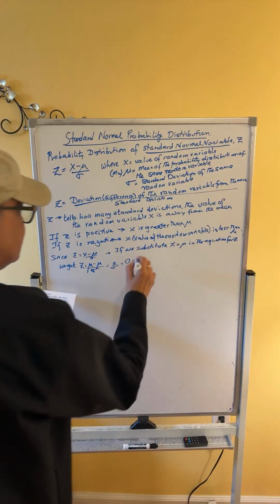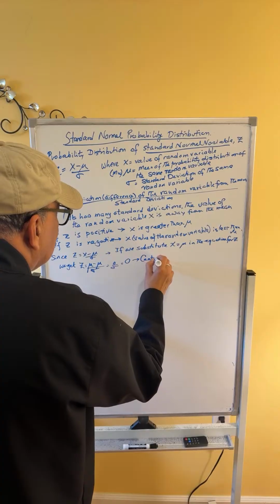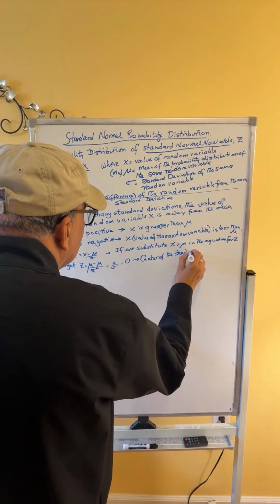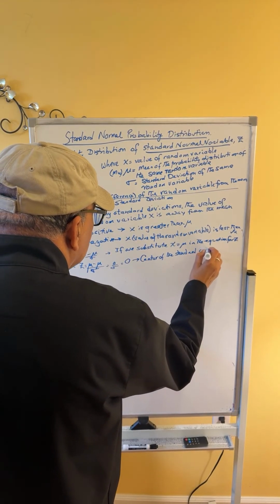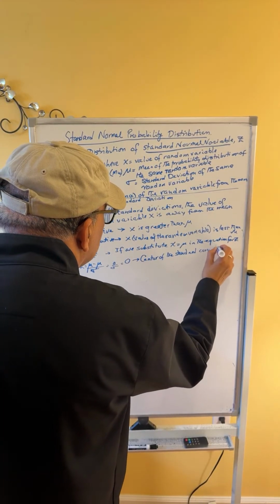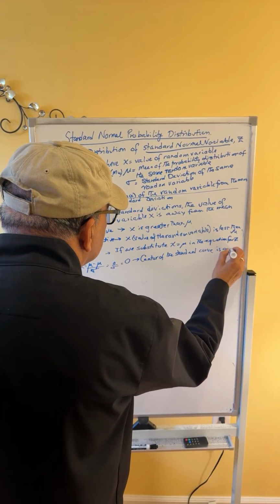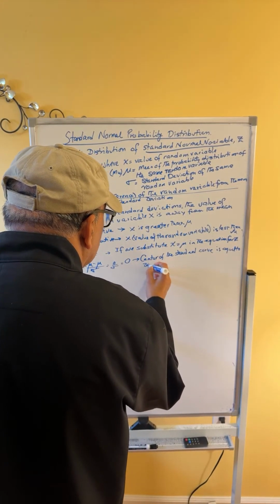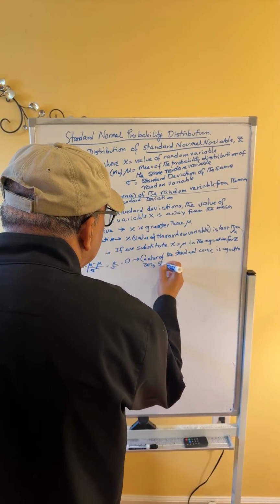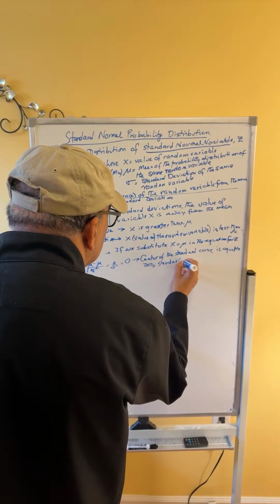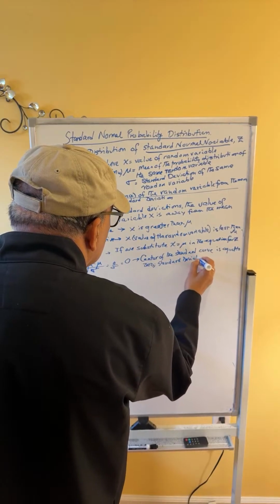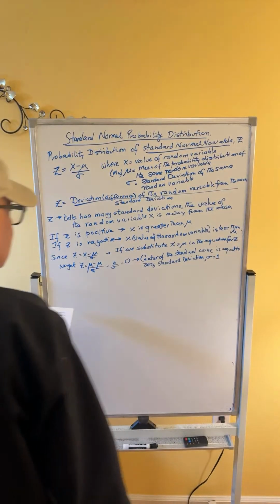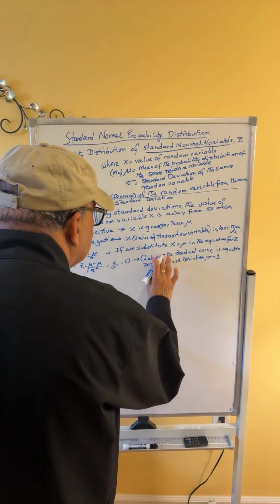It means the center of the standard normal curve, mu, is equal to 0. Also, the standard deviation sigma is equal to 1.